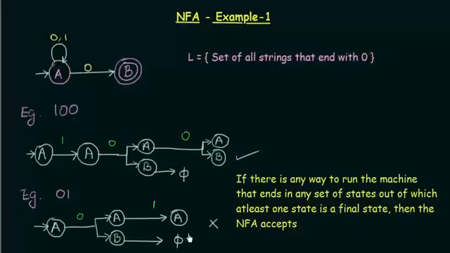In the second example, we ended up in A and phi, where none of them was an accepting state, so the NFA rejected. So this is what you have to remember: an NFA accepts when we end in any set of states out of which at least one state is a final state.